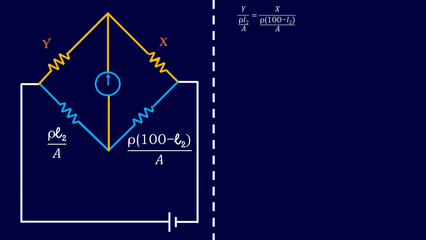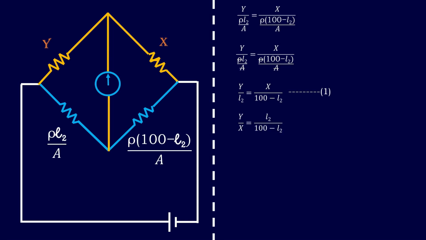So we get Y divided by (ρ L2 by A) equals X divided by (ρ times (100 minus L2) divided by A). Again, the terms ρ and A appear on both sides, so they cancel out. This gives Y divided by L2 equals X divided by (100 minus L2). Let us call this equation 1.